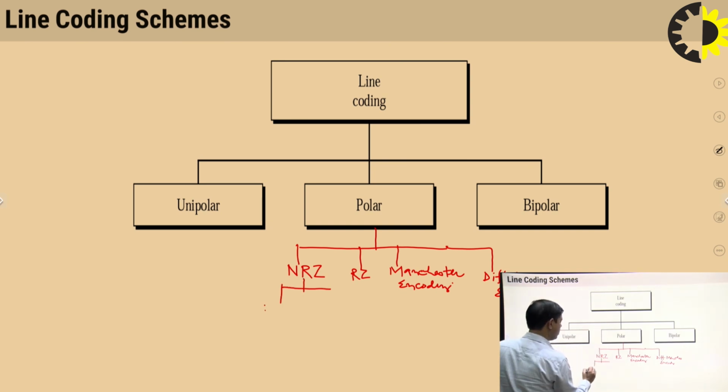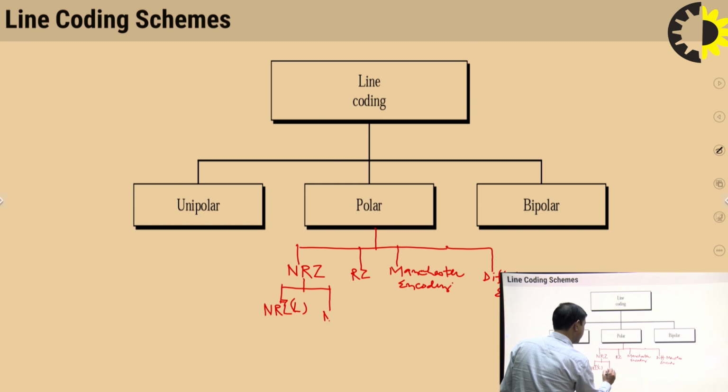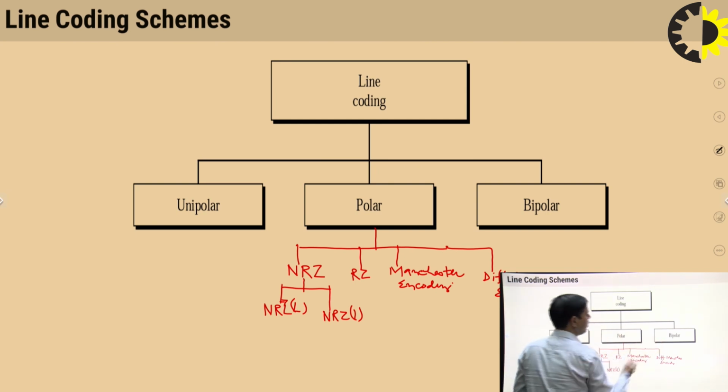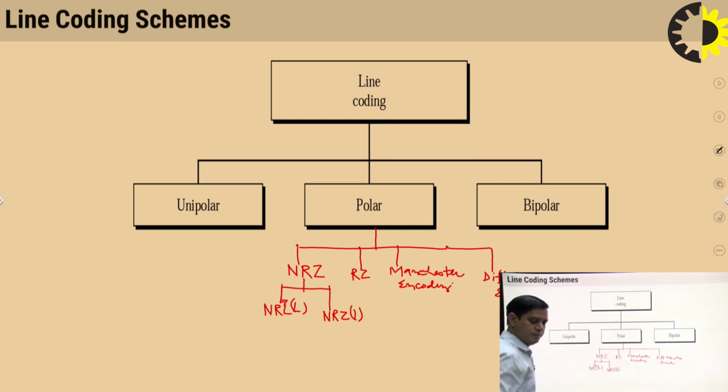The first one is called NRZ-L, that is L means level, and the second category is called NRZ-I. I means inverted. So we will discuss each line coding scheme like unipolar, NRZ-L, NRZ-I, RZ, Manchester encoding, differential Manchester encoding, and bipolar with the help of examples.